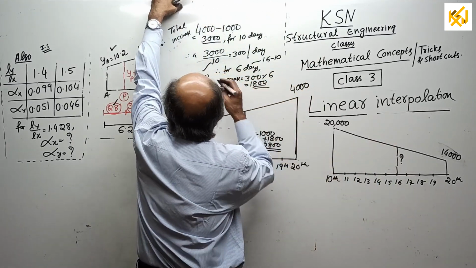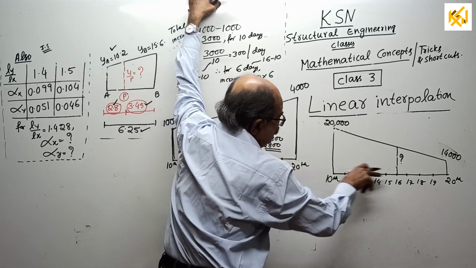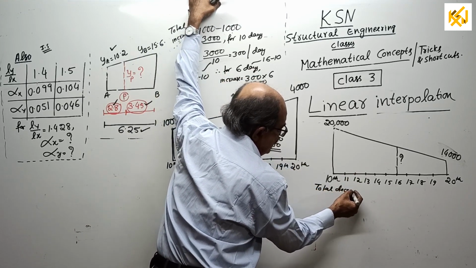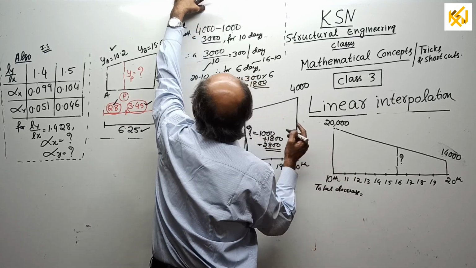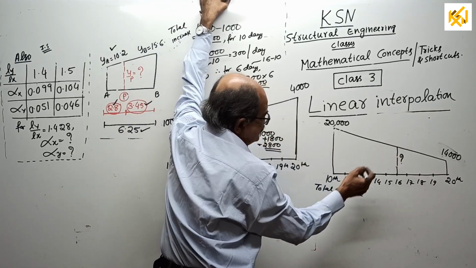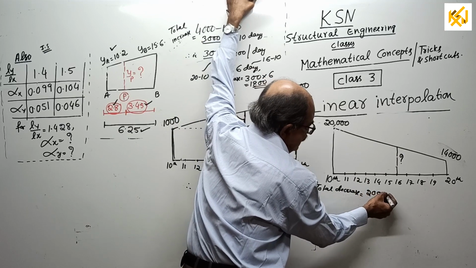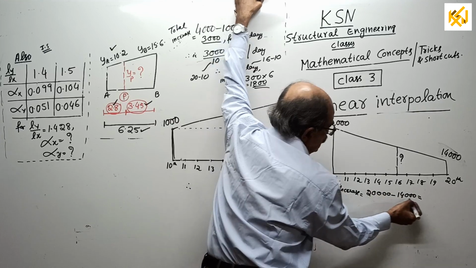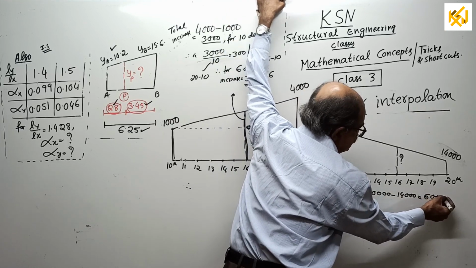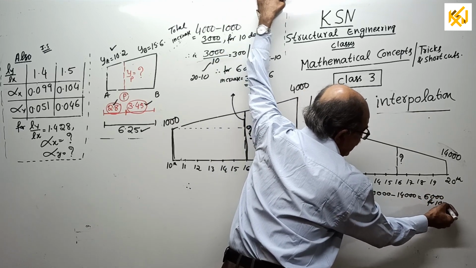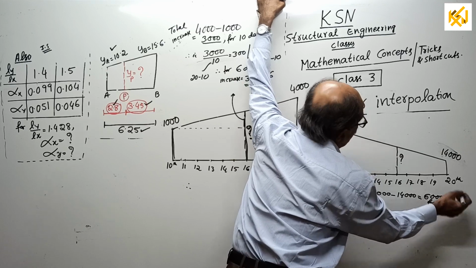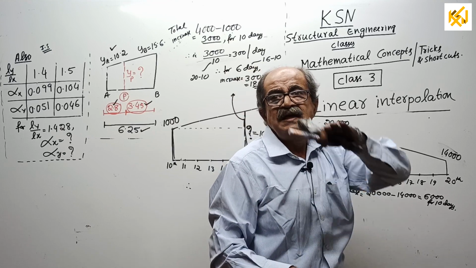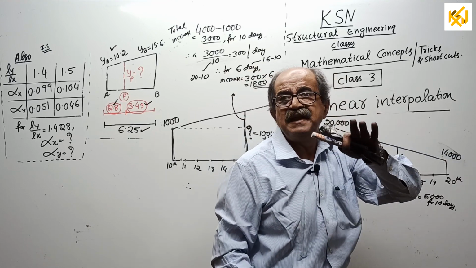First you have to calculate. Earlier I told total increase; you go this way and calculate total decrease. For how many days? Total decrease for 10 days is 20,000 minus 14,000 equal to 6,000. For 10 days, the decrease is 6,000, and it is told that it is a steady, constant decrease per day.